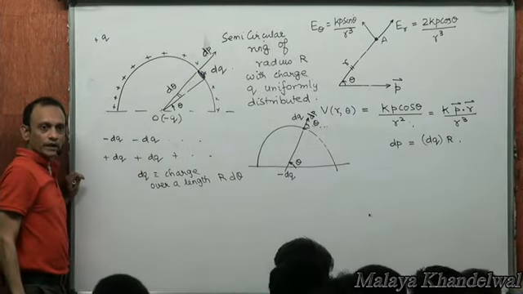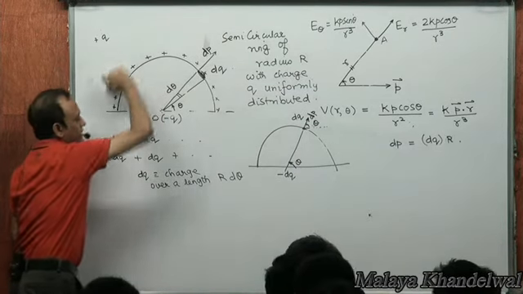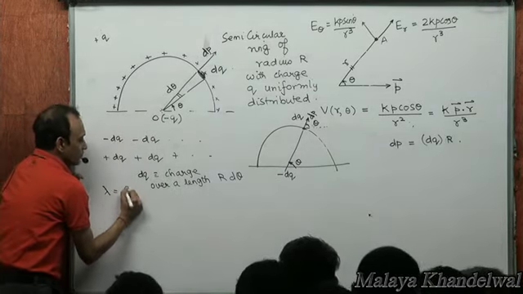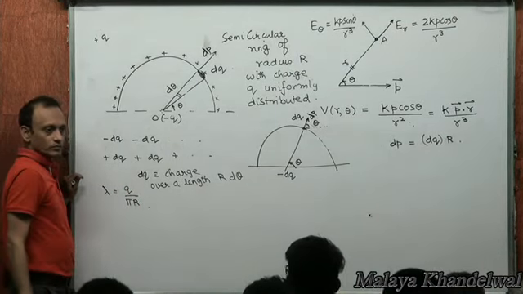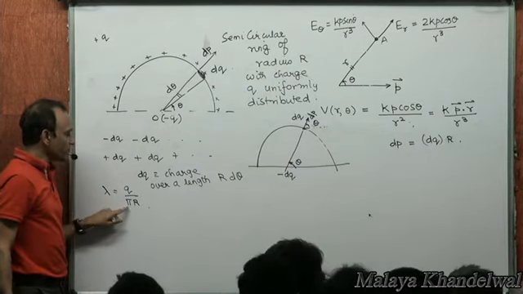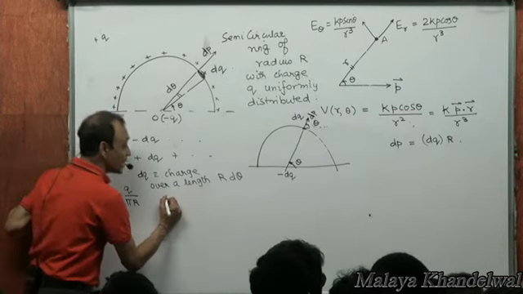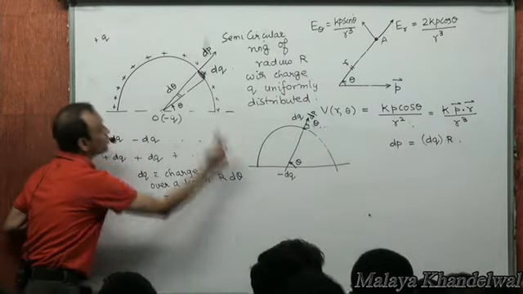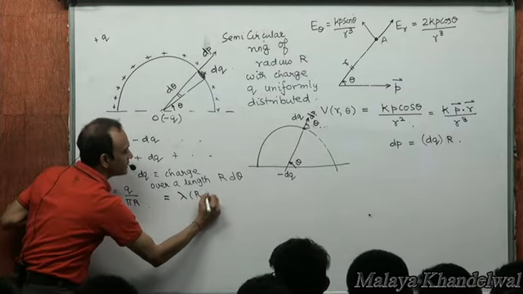Now, what is the charge per unit length over the circumference? Lambda, which is q by pi r. Charge per unit length on the circumference of the ring is charge divided by the circumference, pi r, right? So what's the charge on this? The length of this, r d theta, into lambda, charge per unit length into r d theta.